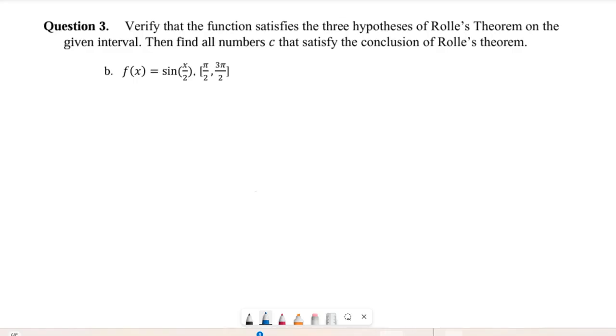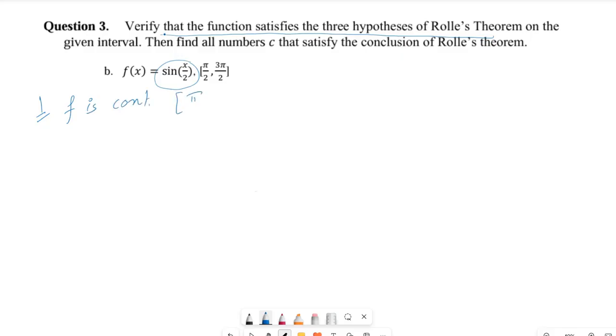Let's do the second part of the same question, Rolle's theorem. Again, we need to verify the conditions. Okay, we know the conditions now. Number one is continuity. This is a sine function. Sine function, if you notice, is a continuous wave from -infinity to infinity. So f is continuous everywhere.